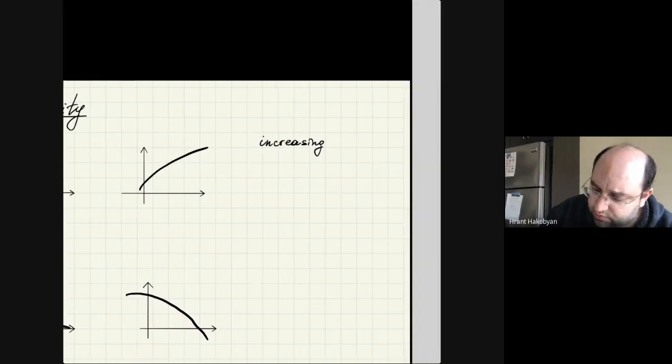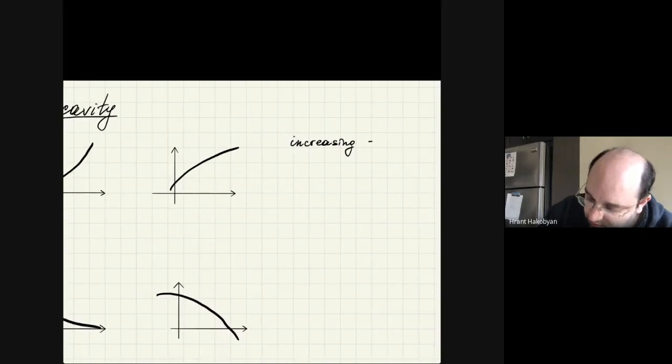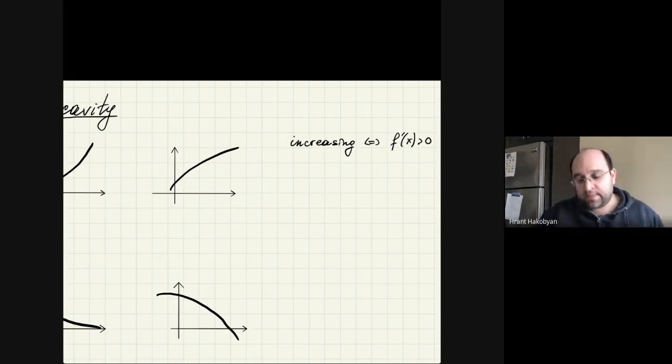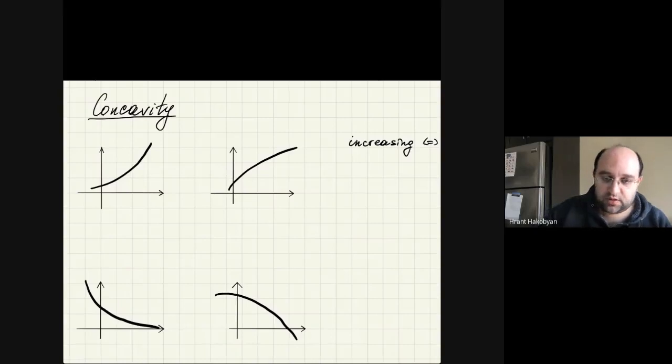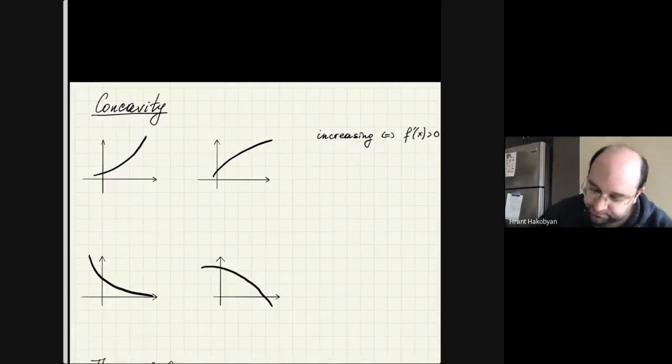And if you remember what that meant in terms of the derivative, it meant that the derivative is positive for this function. So f prime is positive, right?